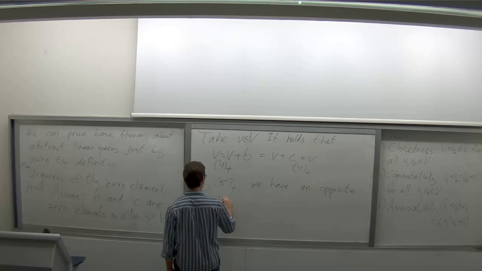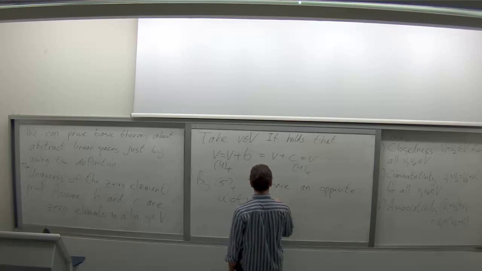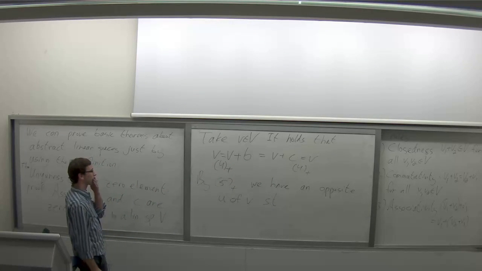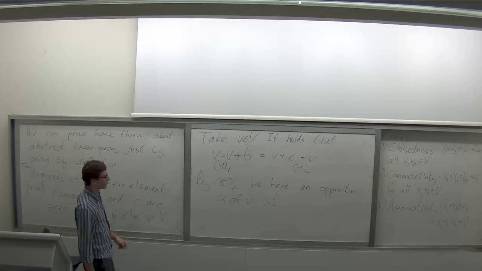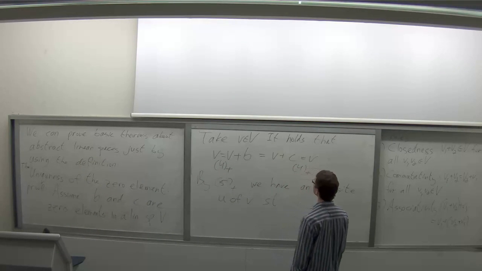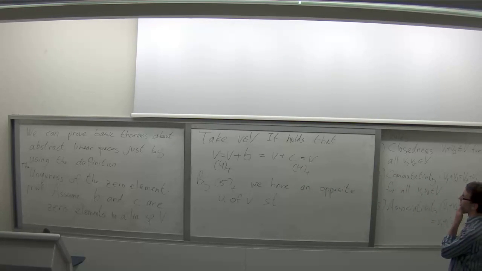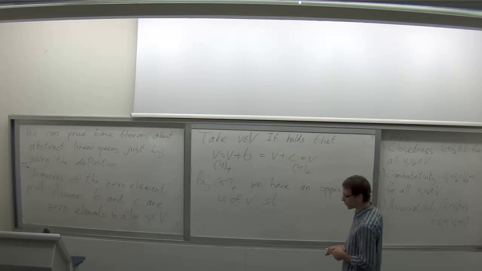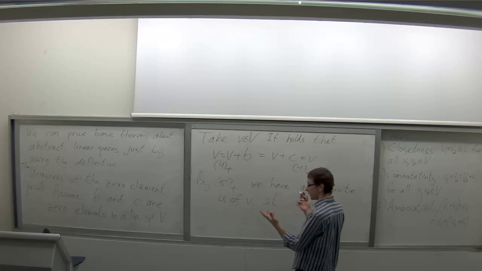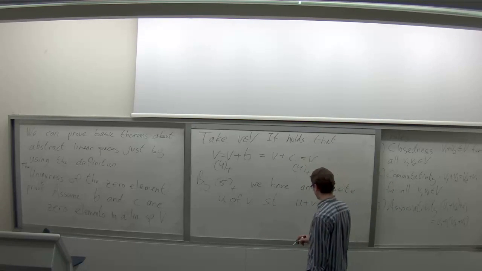We have an opposite U of V such that U plus V equals, so let's decide what you want it to equal. Maybe there are two different ones, one for B and one for C. It's such that U plus V equals B.